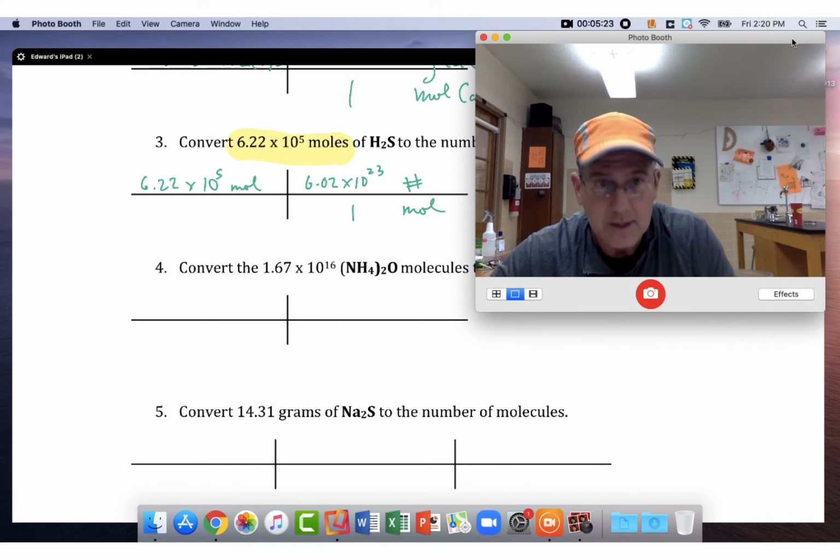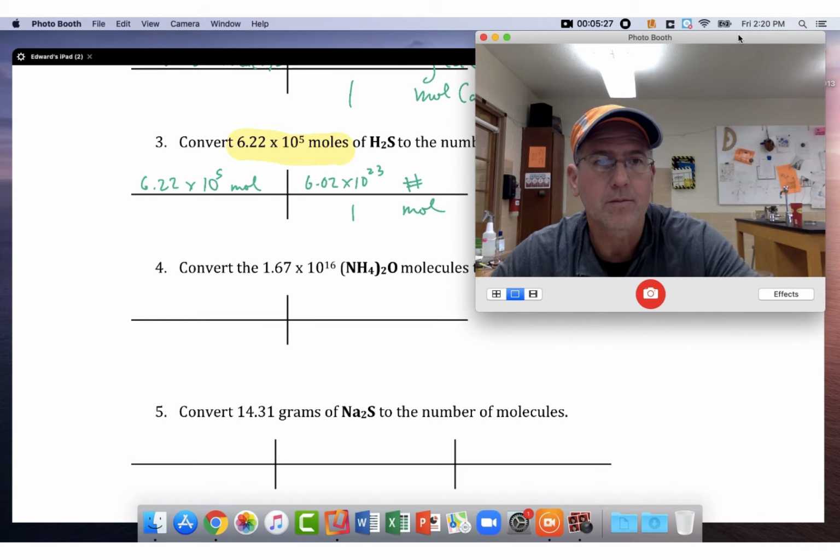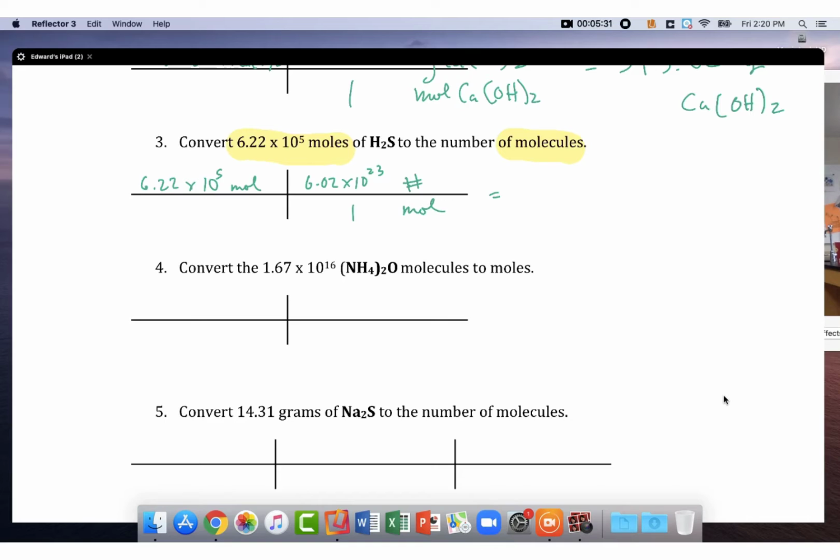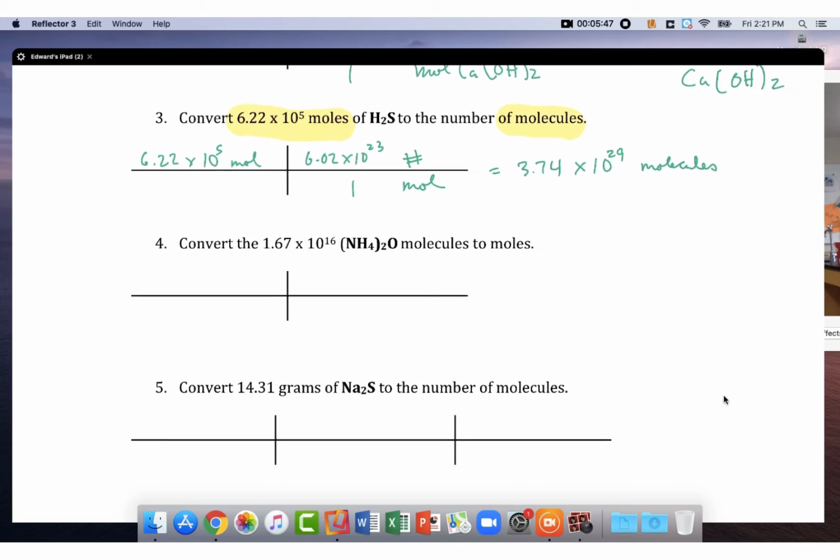And I get 3.74 times 10 to the 29th. And that is actually the number of molecules. Right? Molecules and moles are not the same thing, people. Don't get them mixed up.